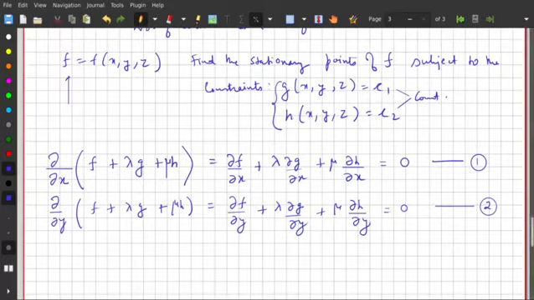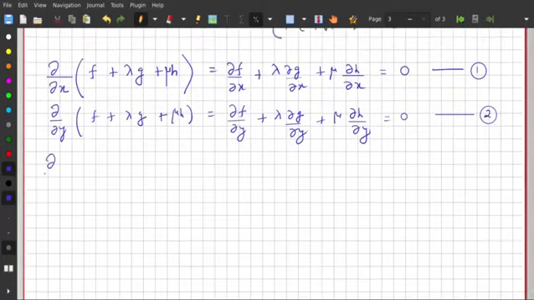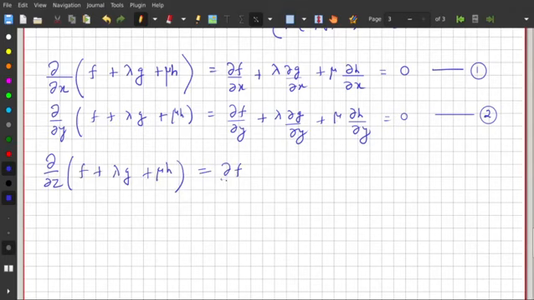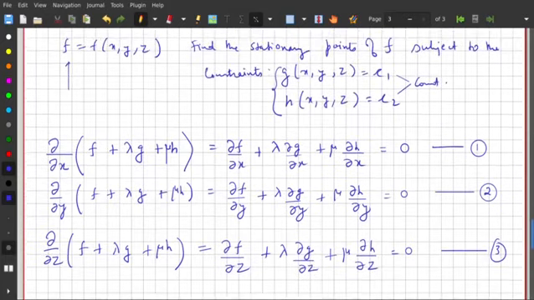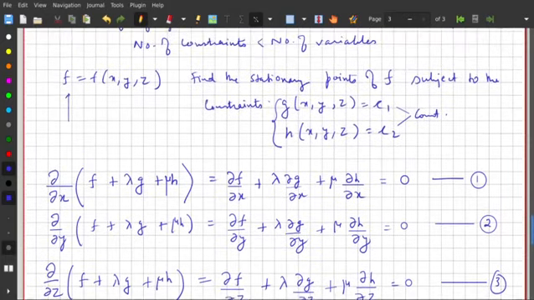That's equation 2. Similarly, for the third dimension, partial with respect to z gives partial f partial z plus lambda partial g partial z plus mu partial h partial z equals 0. So these are the three equations that we got from the constraints.